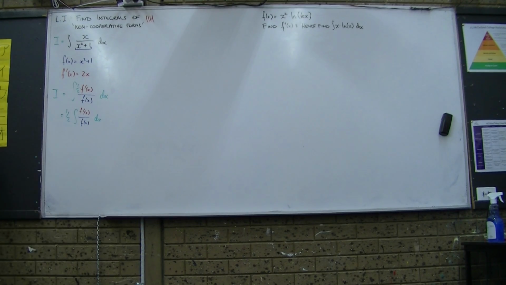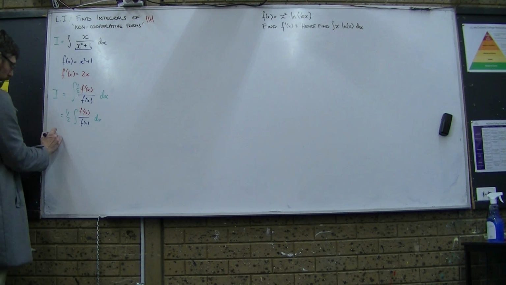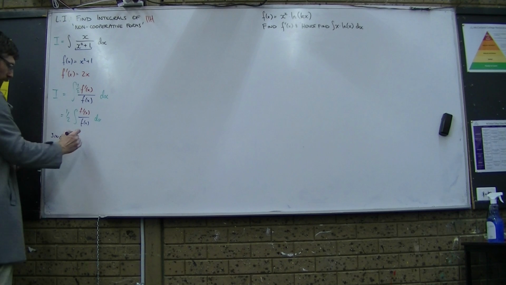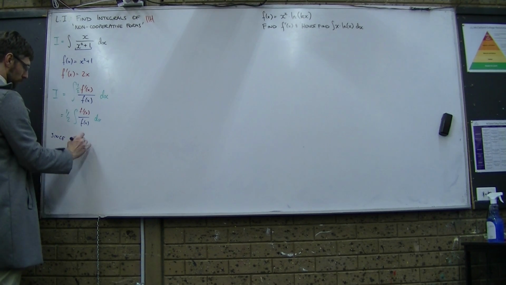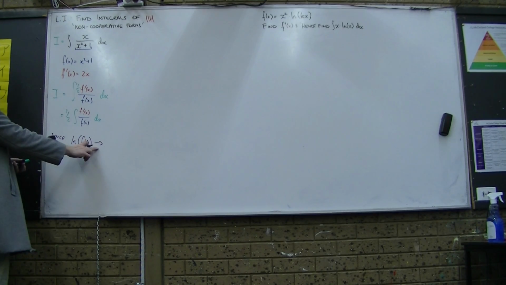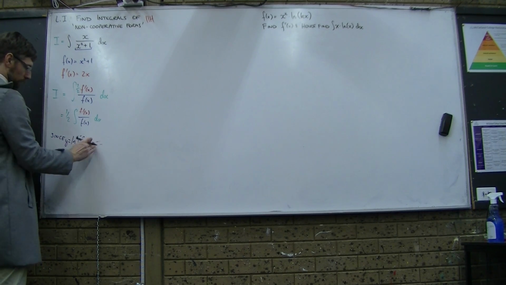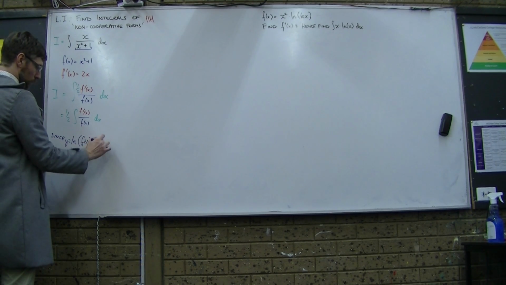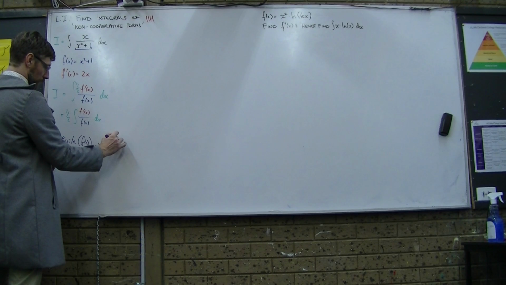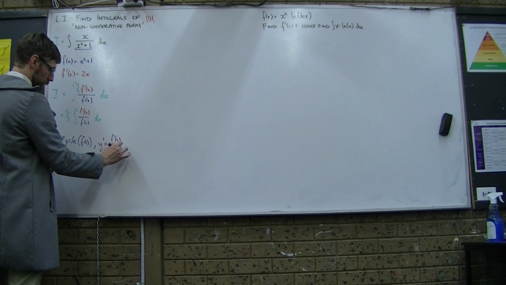Do we notice anything? So tell me who's been doing the homework. Hopefully we know that ln of f of x derives, I'm just going to say that means derives, so y equals this, then y prime equals f prime of x over f of x.